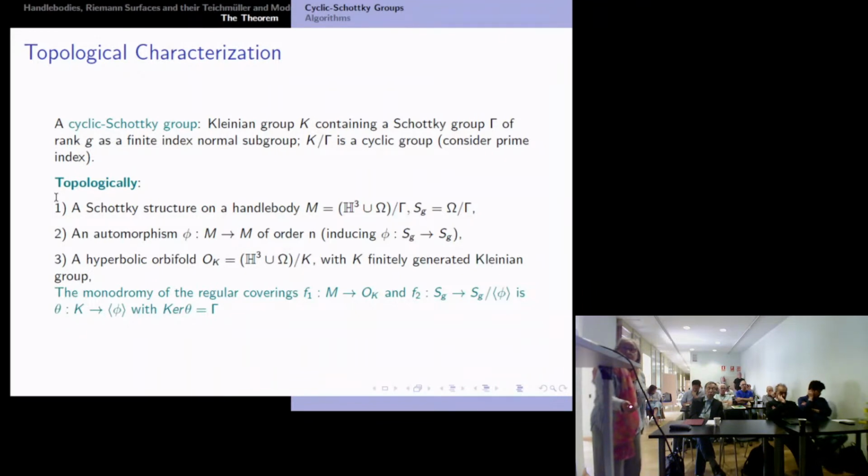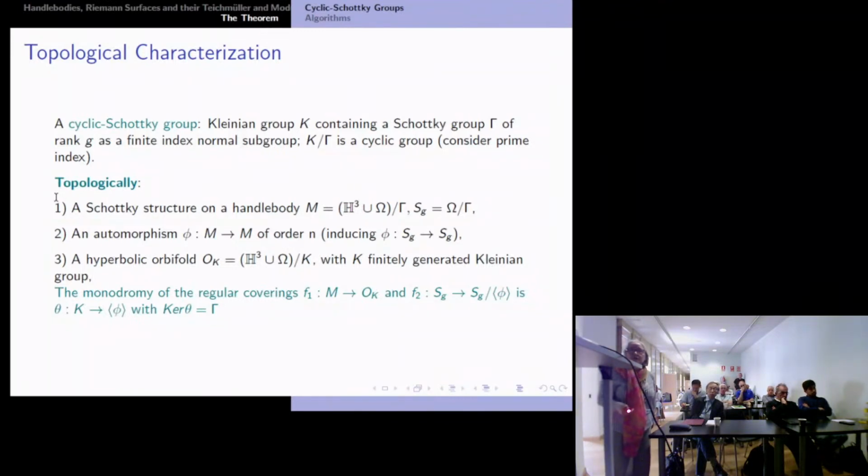And well, of course, if we cut this handlebody by the automorphism, we have an orbifold, because we have the branching, right? And we also have an orbifold in the boundary, right?